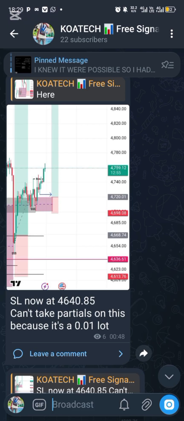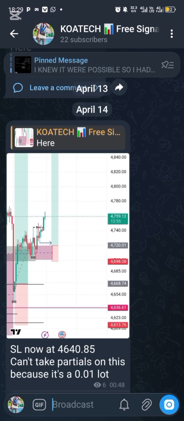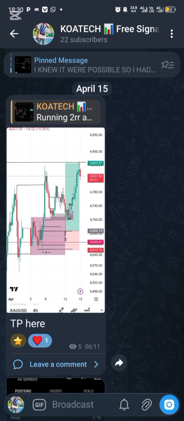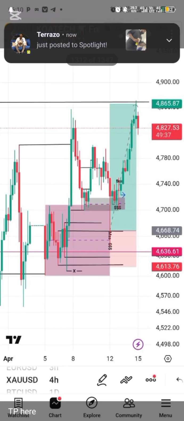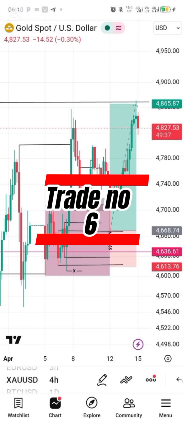Now, because the SL was big and the lot was just 0.01, this was a 1. I hit TP on this trade, and this was it. Look at the TP here, and I just said TP here. Look at it. And this number 6 trade was a 1.